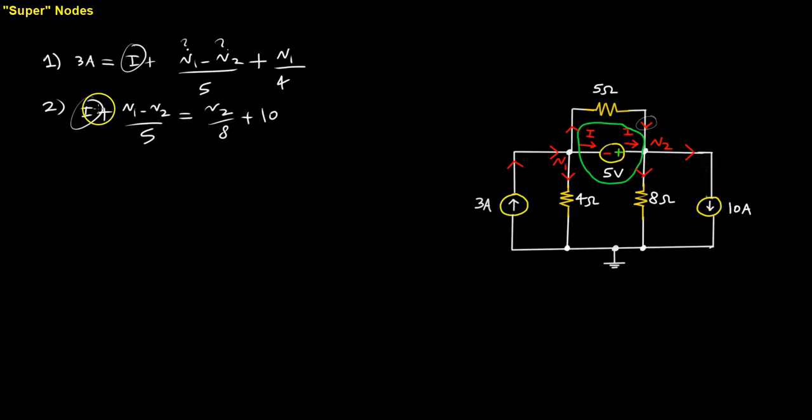The problem here is that we need to somehow eliminate I. Once we eliminate I by solving these equations, so essentially I take this one to the other side and plug it into this I, or vice versa, the problem with that is once we do that, we've eliminated one equation, and now we have one equation and two variables, V1 and V2.